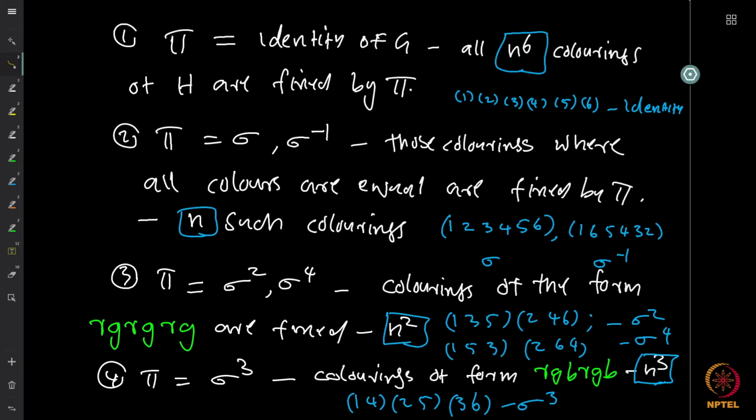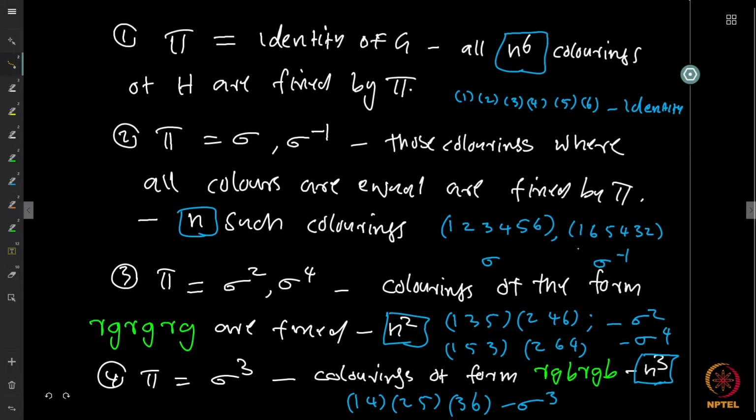If I want these two colorings to be the same, I want the colors at each vertex to be the same. Now if each vertex gets the same color, then since I have n colors, I have n different colorings possible, where all the vertices get the same color. So sigma gives exactly n such colorings.